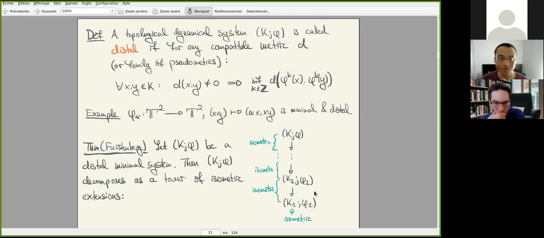And this is exactly what we saw for the skew rotation. So we had the usual rotation at the bottom, and then we made an isometric extension, and we got this dynamical system on the two torus. And Furstenberg tells us, okay, if we keep iterating this procedure, then in that way we get all distal minimal systems.